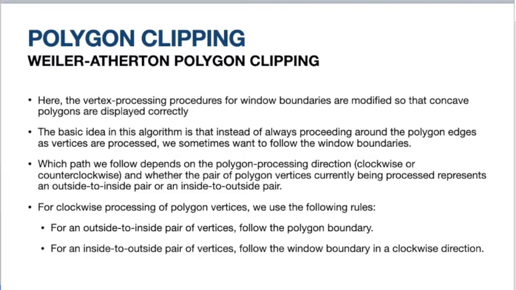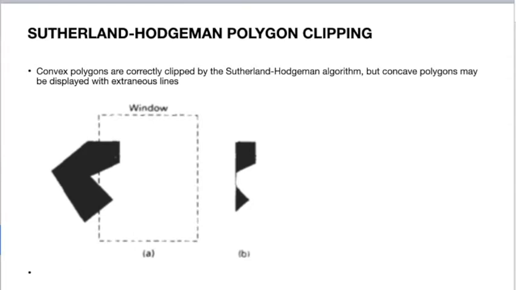If you see the Sutherland-Hodgman polygon clipping algorithm, it works well only in case of convex polygons. Here is an example of a concave polygon.